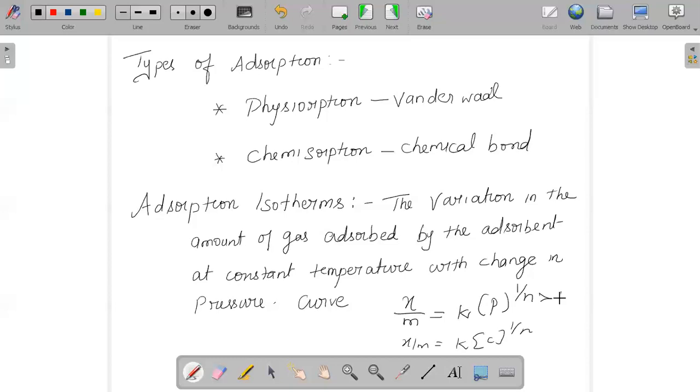This is called the Freundlich adsorption isotherm equation, or graph.